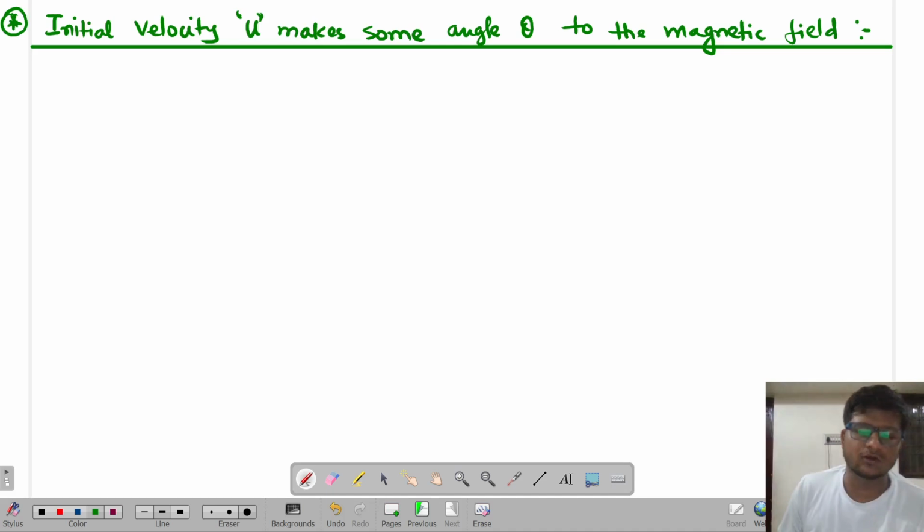What happens when a particle with velocity u makes some angle theta to the magnetic field?